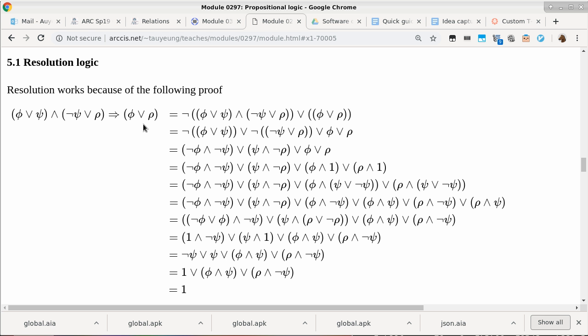Why do you think it has something to do with CNF, or conjunctive normal form? Yep. Because that's in CNF on the left, so if you can apply that, you can simplify your CNF. So if the left-hand side of the implication is CNF, and whatever follows is a disjunctive form, do you think I can add this into the whole big conjunction without changing the meaning of the conjunction? Yep.